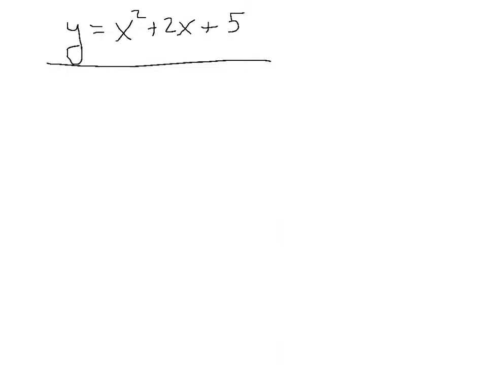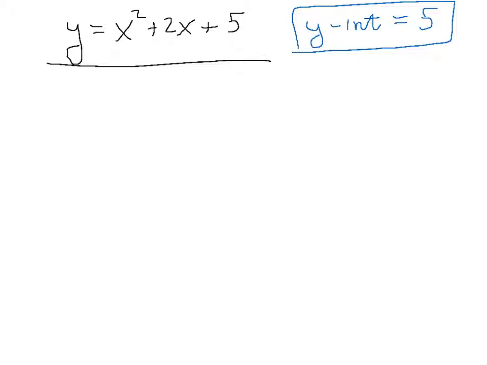Alright, so now we're looking at what looks like a fairly simple quadratic function, x squared plus 2x plus 5. So, just noticing things right off the bat. The y-intercept is 5. How about the x-intercepts? Well, this isn't going to factor, so let's use the quadratic formula as practice.